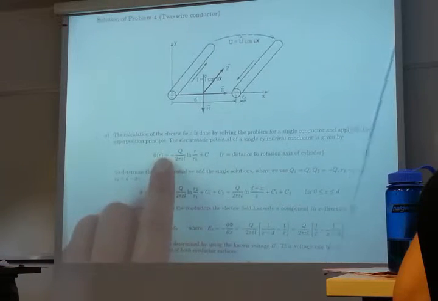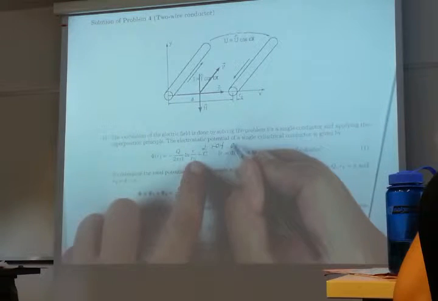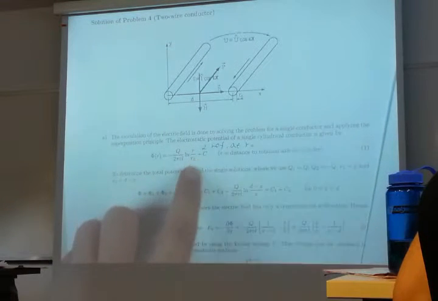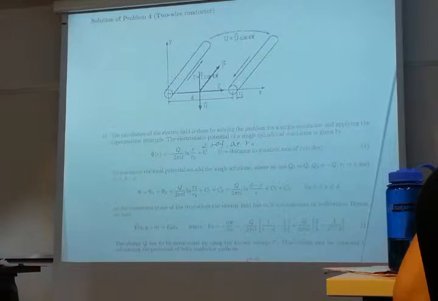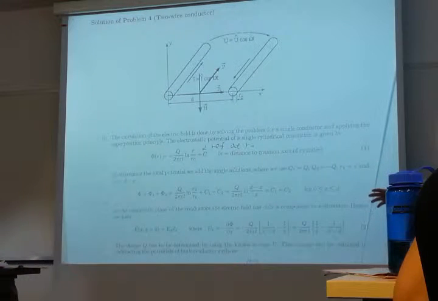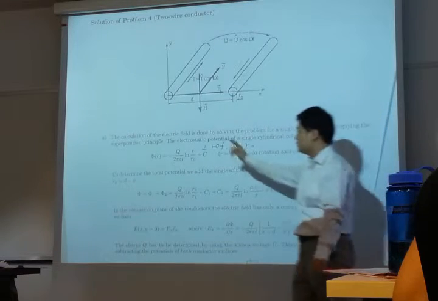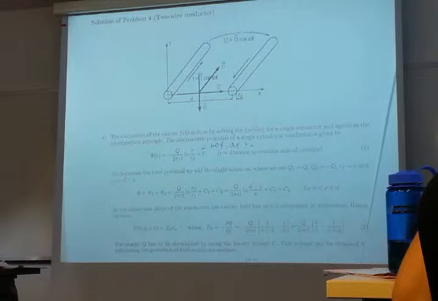The C is the reference. So far we are saying if we only have one line carrying the charge of Q with the reference at R naught, then another position R has this potential, where C is a reference.